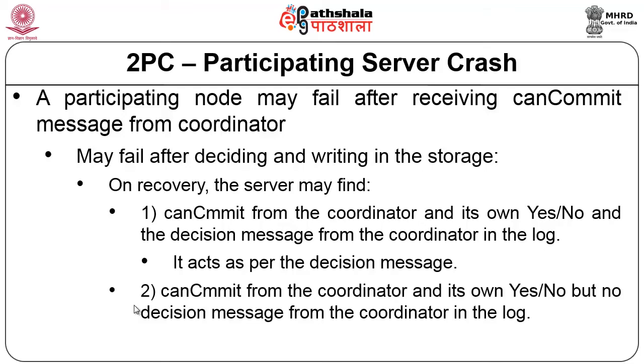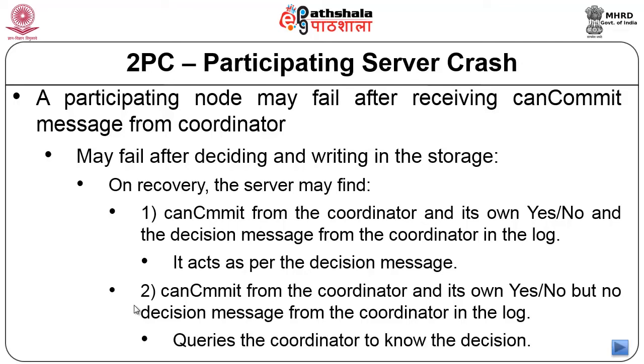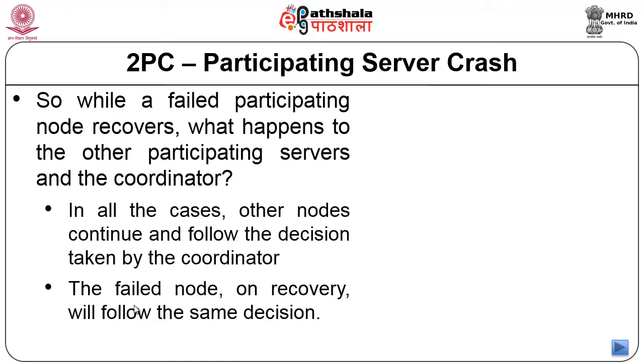If it finds that it has a can commit from the coordinator and it has its own yes or no, but no decision from the coordinator has come, then it will ask the coordinator, because with a yes it would have to get a do commit from the coordinator.